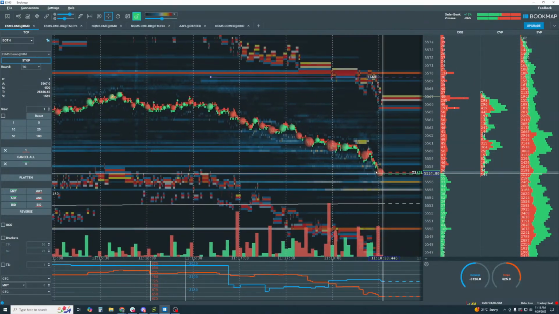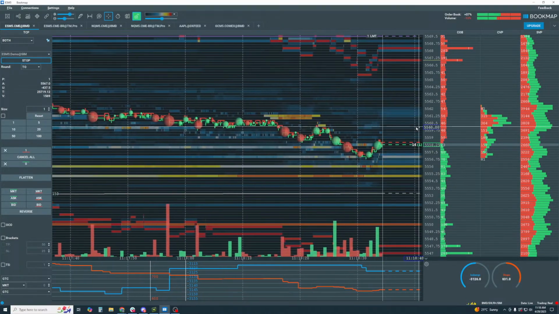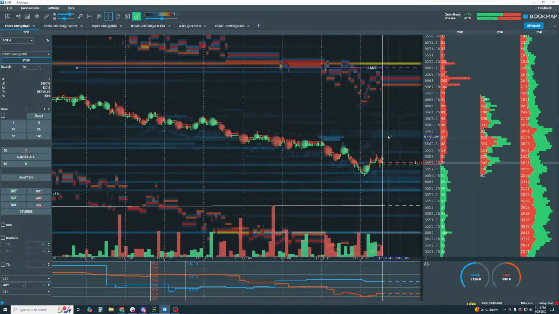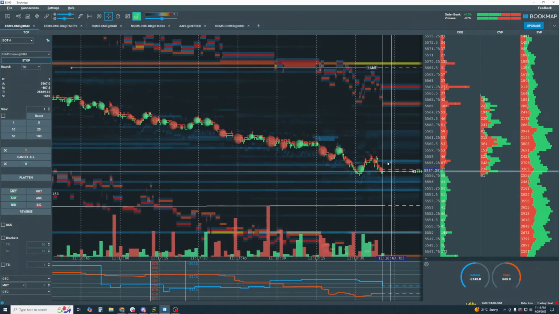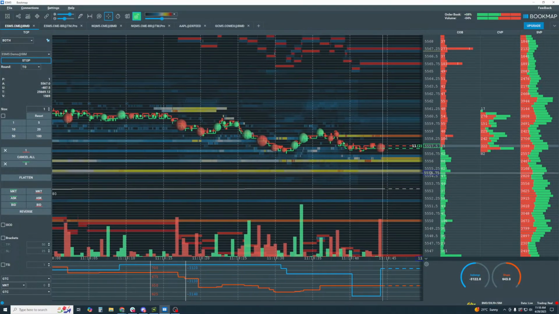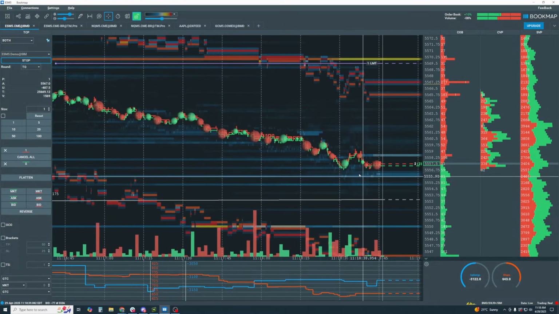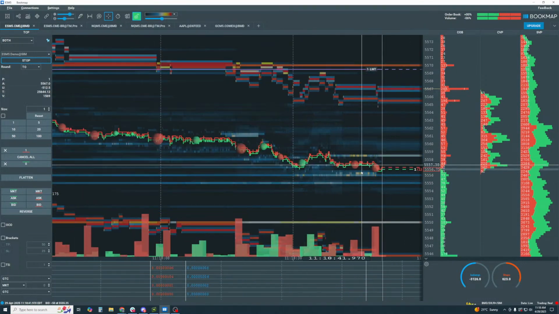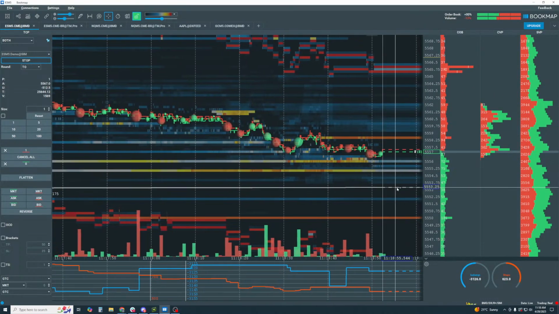High liquidity getting filled on the bid. Now, is this low enough to try to accumulate? I've got VWAP down below here as well.